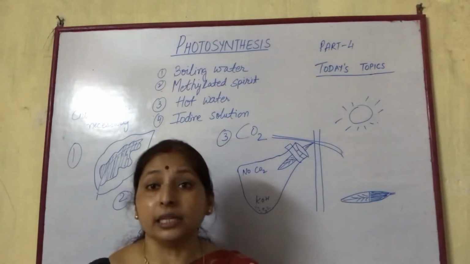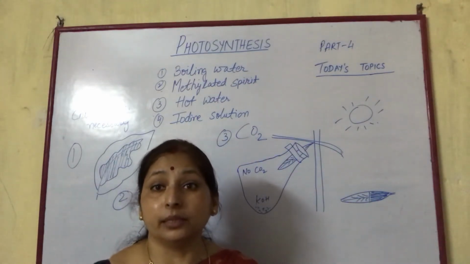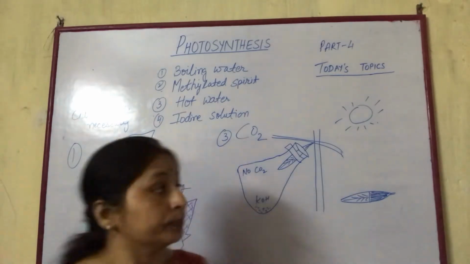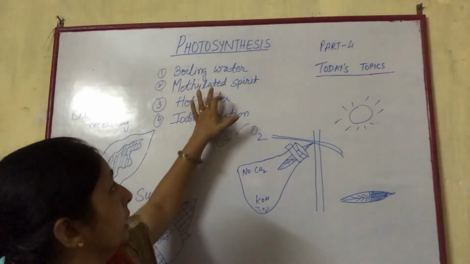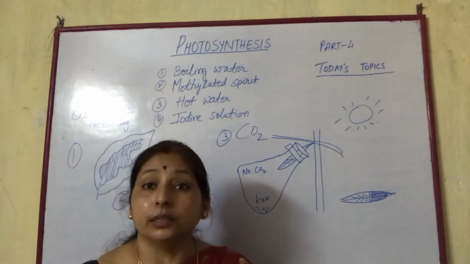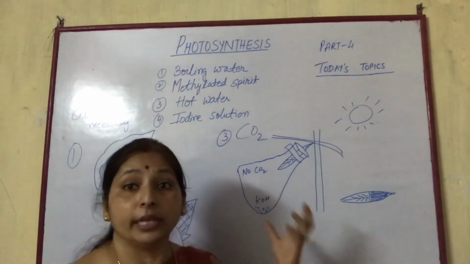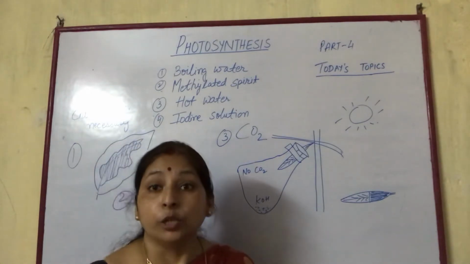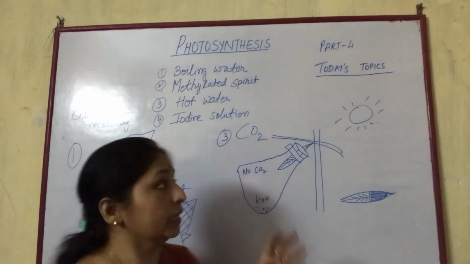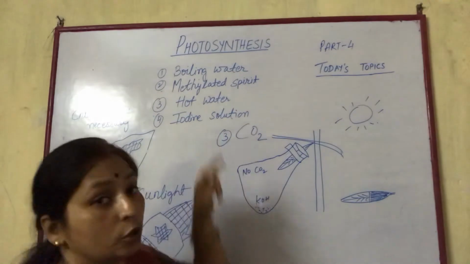This heating in methylated spirit removes the chlorophyll content, but the leaf becomes pale yellow in color and brittle.